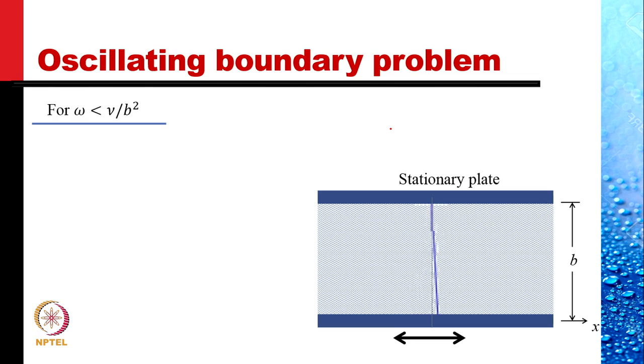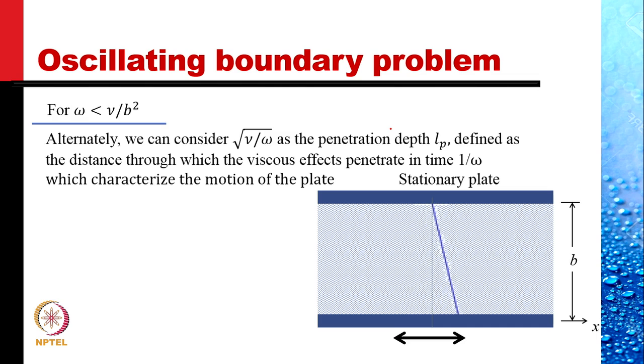We can interpret this alternately also. We can consider the square root of nu by omega, which has dimensions of length, to be the penetration depth Lp.